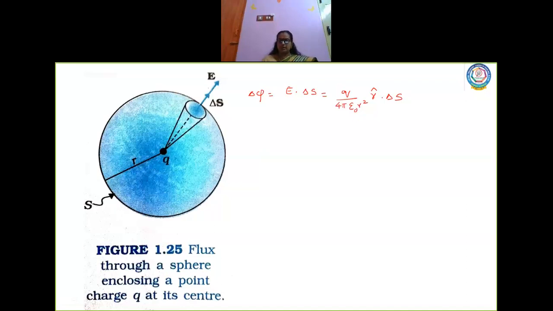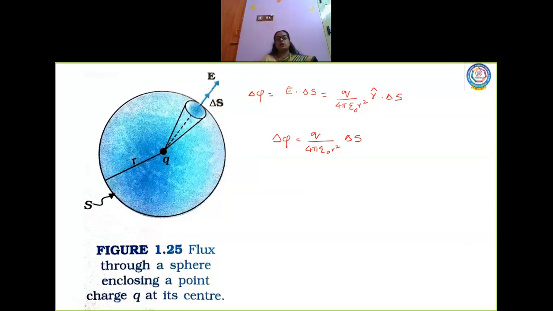Now I write flux equal to Q by 4 pi epsilon naught R square into, for a small area, del S, where the unit vector takes a value of 1, right? Now I am going to determine the total flux. How do I find out the total flux?